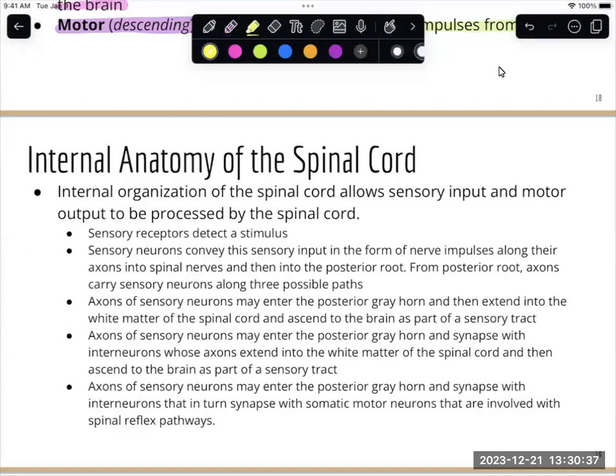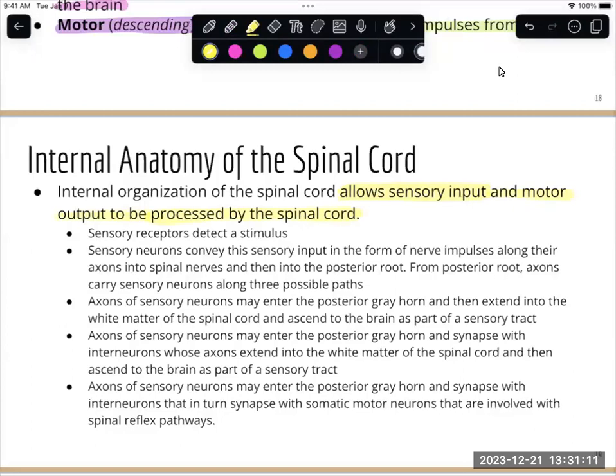So it's going to allow sensory information to come in, go up to the brain, process it, and go back out. But our spinal cord can also process information. This information may go up to the brain so it knows what is happening, but your spinal cord can also process sensory information coming in and send out that motor output.